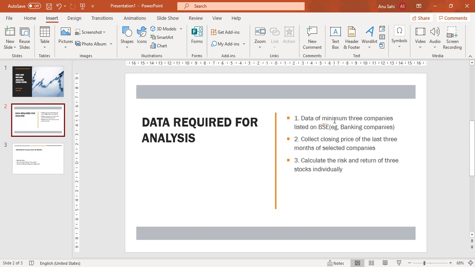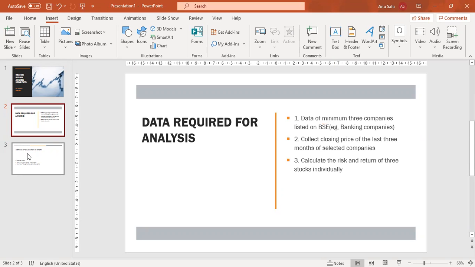For that, you need to collect the closing price of the last 3 months to have a better analysis of the selected companies. Then you calculate the risk and return of the stocks individually. In this video, I will be discussing only the calculation of returns, right? Risk return analysis is a useful tool for understanding the stock market well.